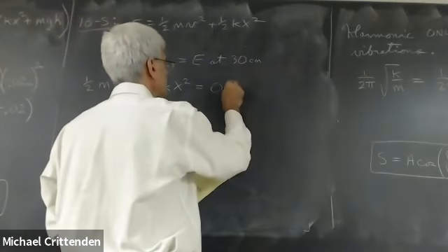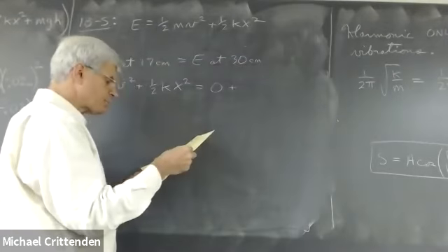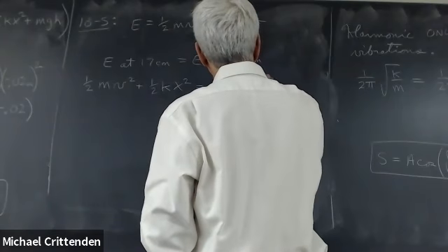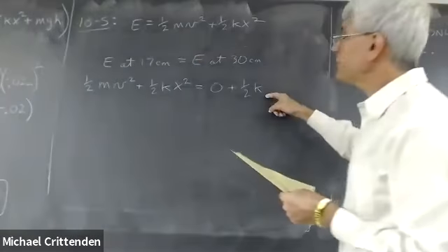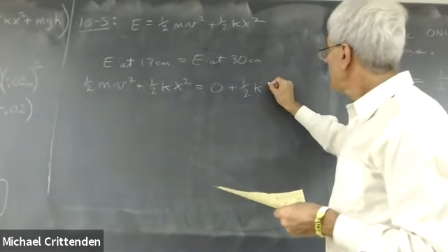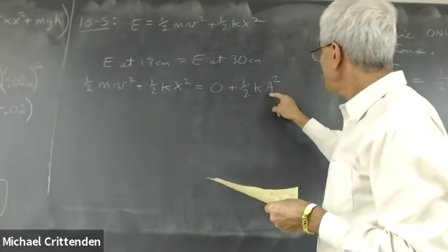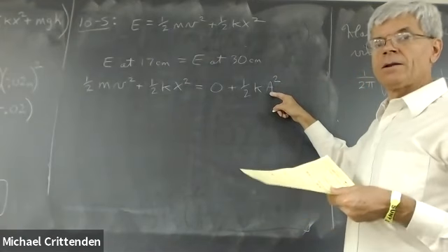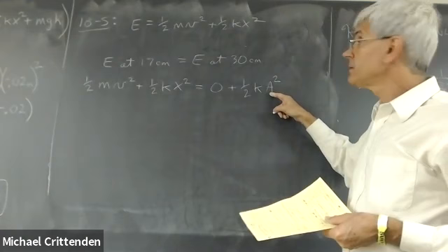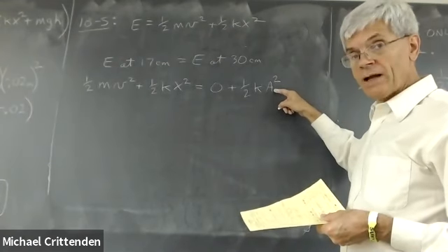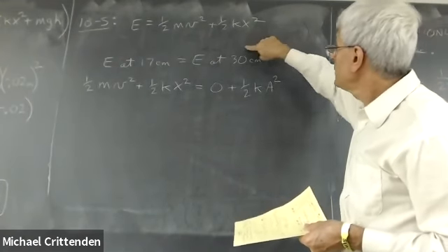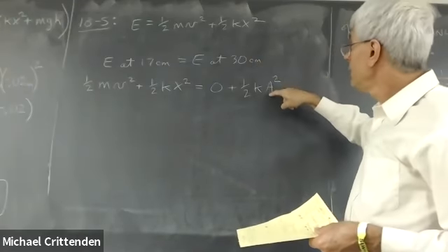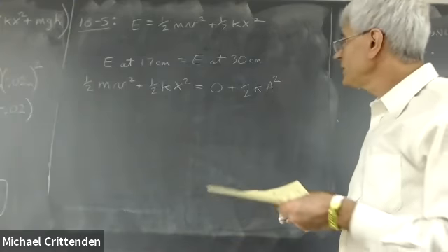So 0 for the kinetic energy, and 1/2 kx squared, except I'm going to call x A, because that's what the word amplitude means in the first place. The maximum displacement is the definition of amplitude. x is the displacement, and 30 is the maximum value, okay? So x equals A at that moment.